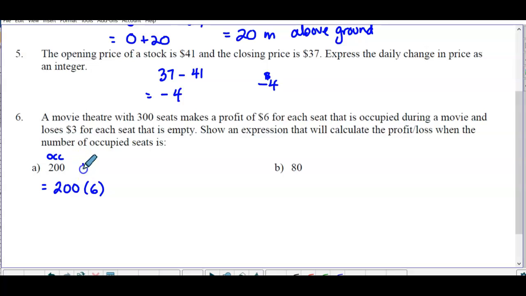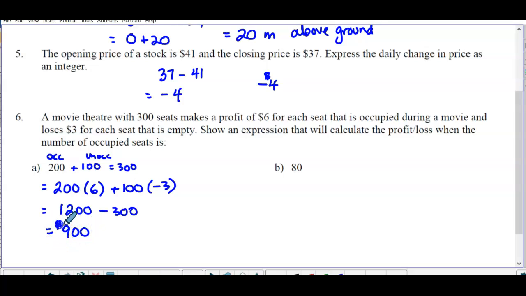Okay, and then 100 would be unoccupied. So the total would be 300 seats, right? So that would be plus 100 times negative 3. Order of operations, you have to do your multiplying first. So 1200 minus 300 is 900. Okay, and that's money, so we'll put the dollar symbol in at the end.